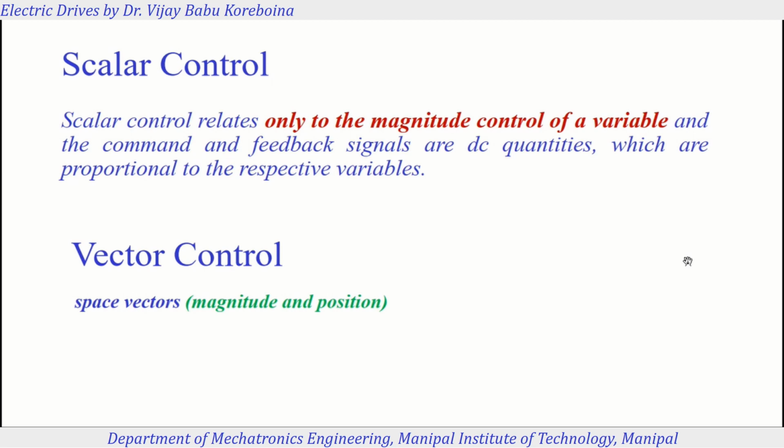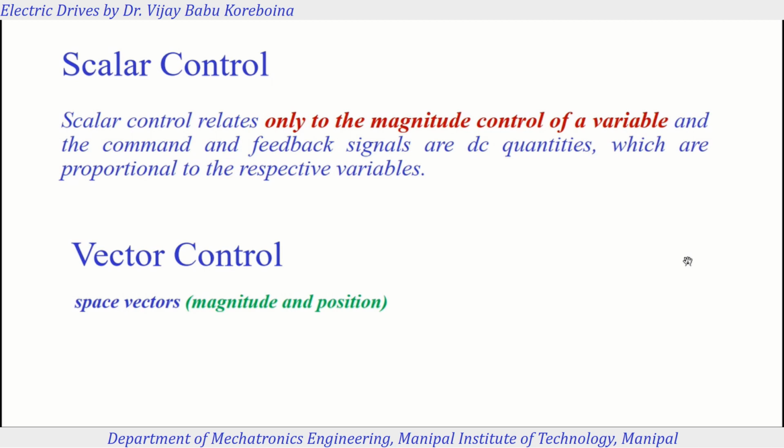Let's look at what scalar control is for a while, then we'll understand a little more about vector control. In simple words, scalar control relates to magnitude control of a variable. Vector control relates to the control of magnitude as well as position, at what position the magnitude will be. That's called space vectors. We'll look at what those are in coming lectures.